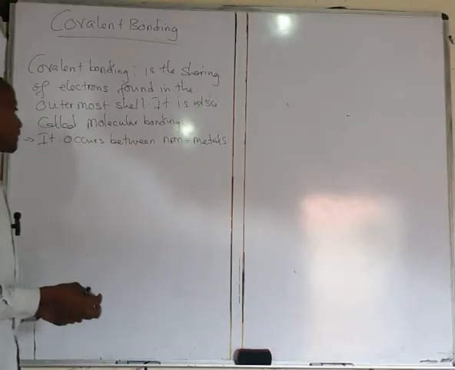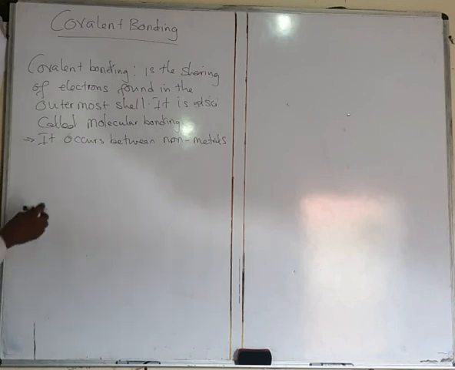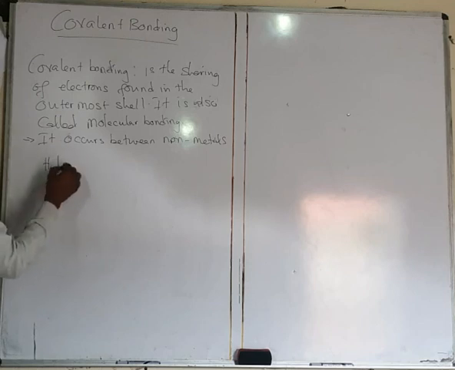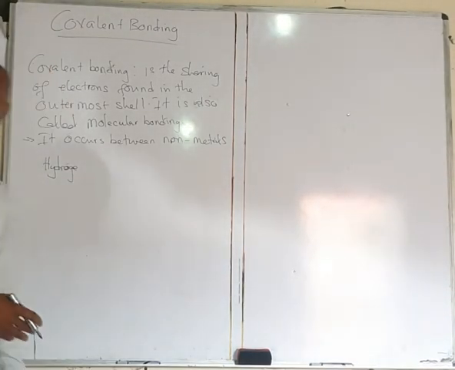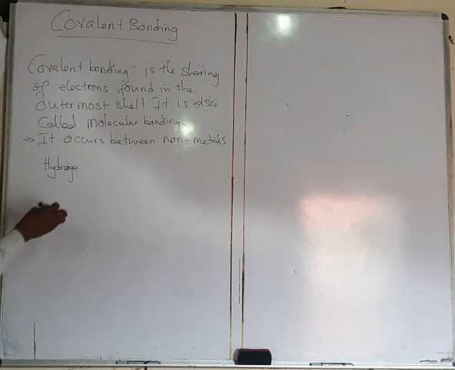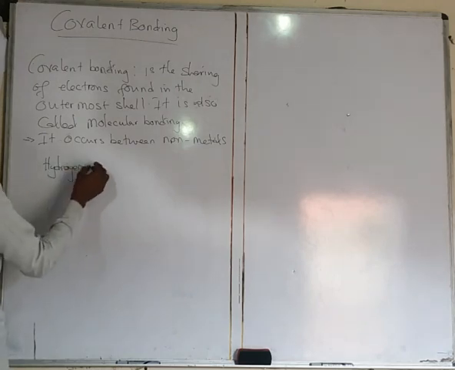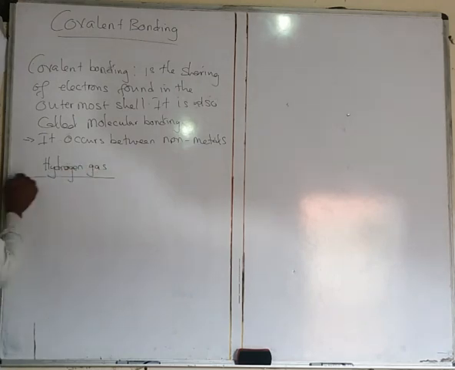So let's start with hydrogen gas. Let's show how electrons are shared in hydrogen gas. Just like I said earlier, you cannot draw the structure for these compounds without knowing their valence numbers, without knowing the formula, which you did earlier. So what's the formula for hydrogen gas?